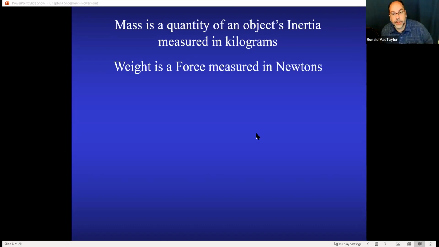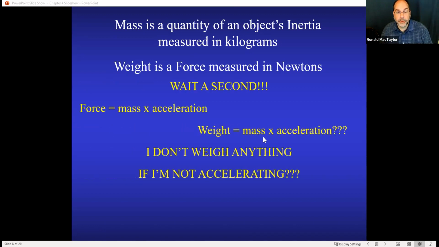Like they're just related. And here in the United States, we might talk about pounds, and pounds is weight. It's a force as opposed to the mass of something. So weight is a force measured in newtons.